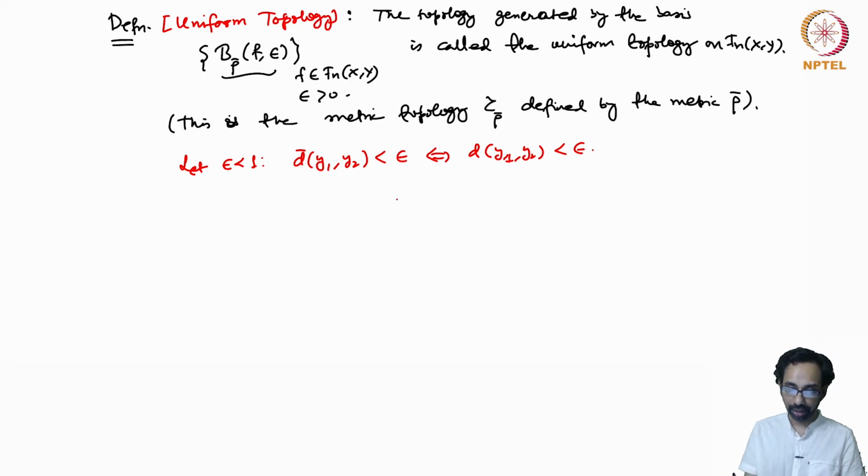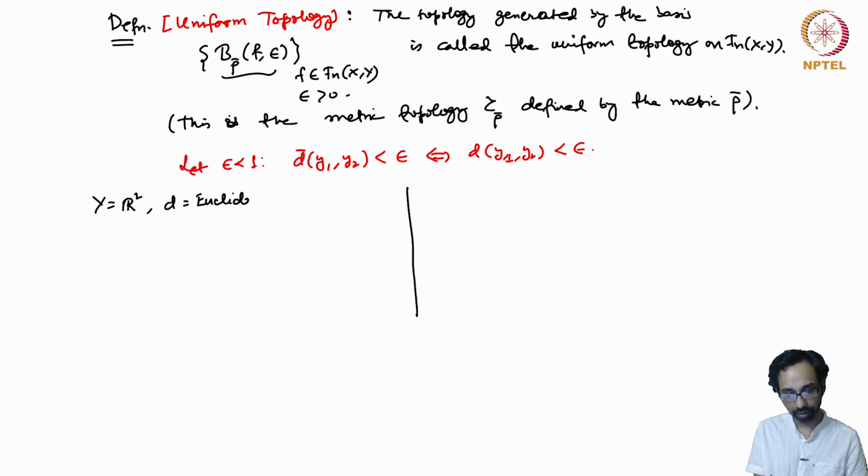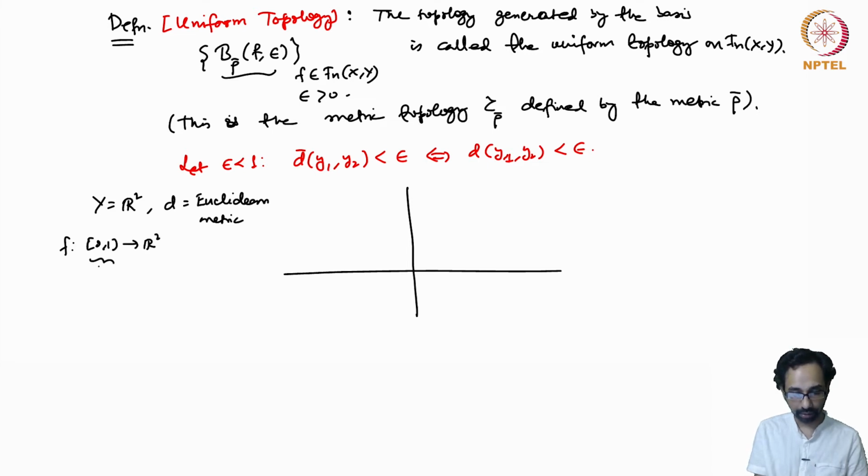And for such an epsilon, suppose that we have a function. For example, if Y equals R2 with the Euclidean metric, then take any function from, let us say, [0,1] to R2. So this is our X now, and this is our Y, and the function is given by some graph. This is any function, but let me draw a continuous function so it may be easier to visualize.